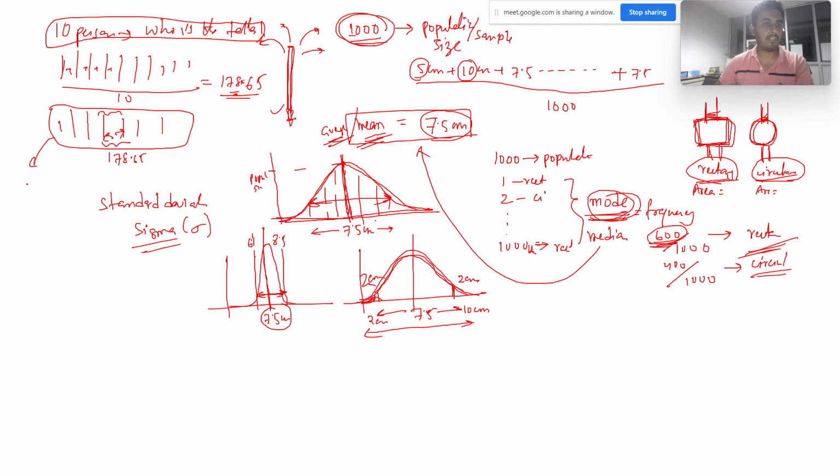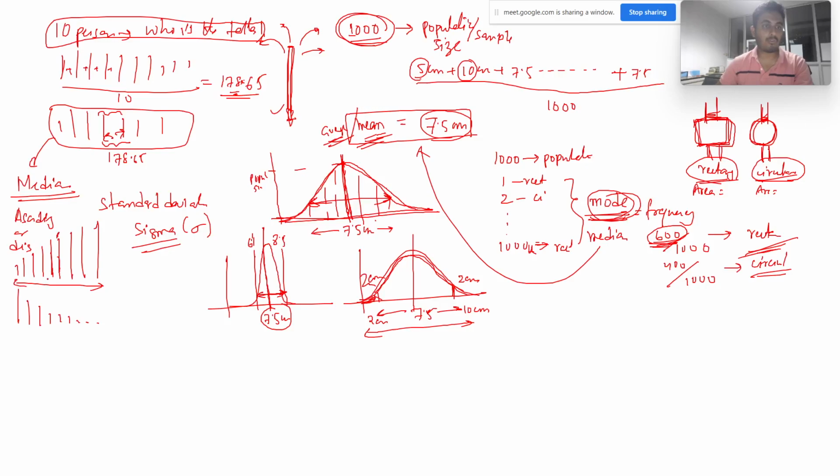In the median, we arrange the numbers in ascending or descending order, and then you identify the middle value.